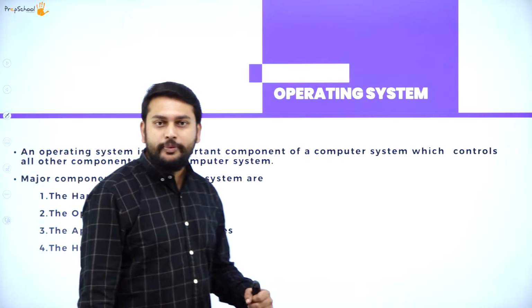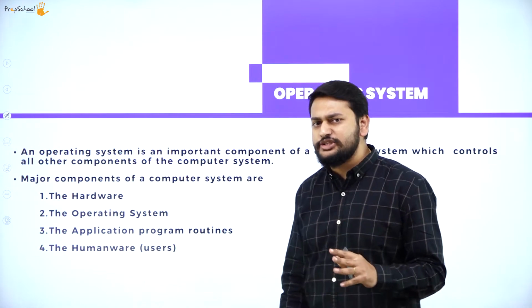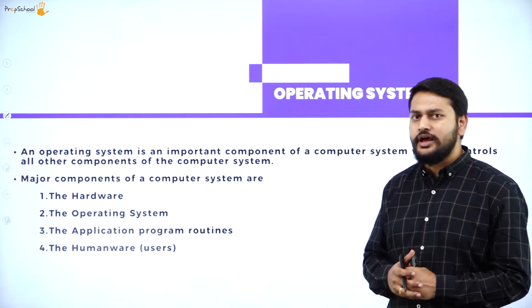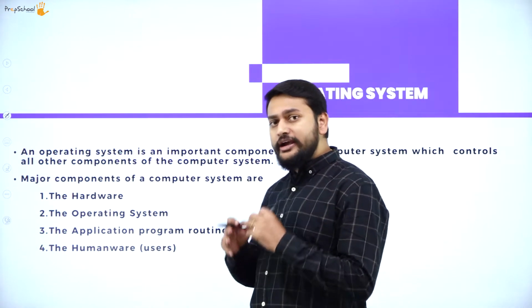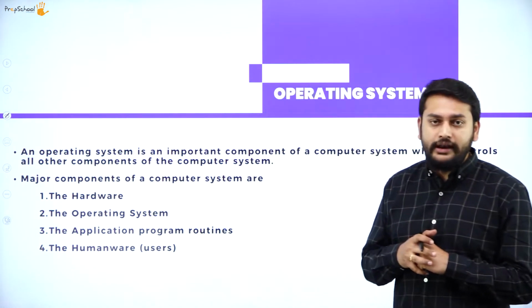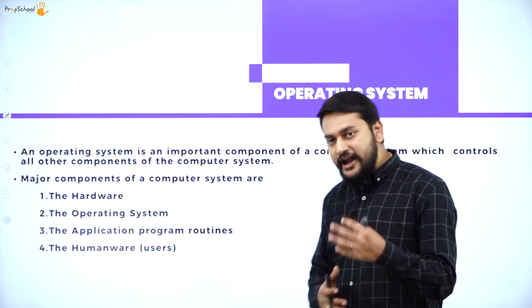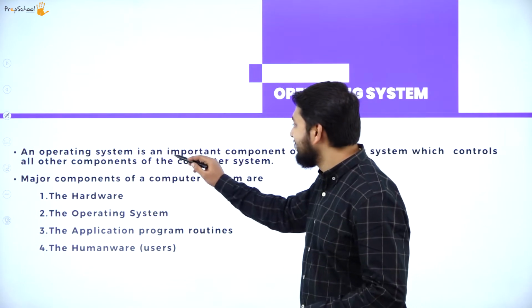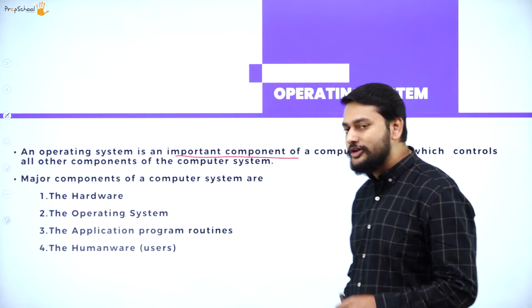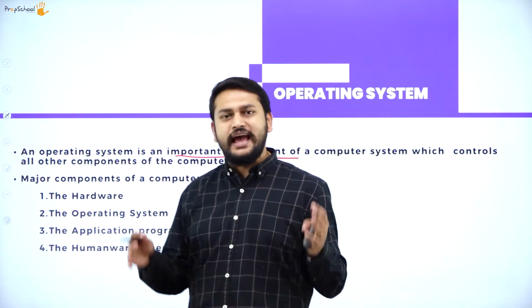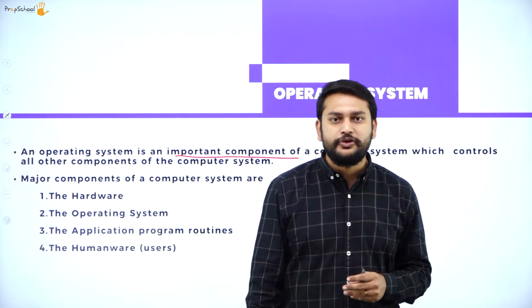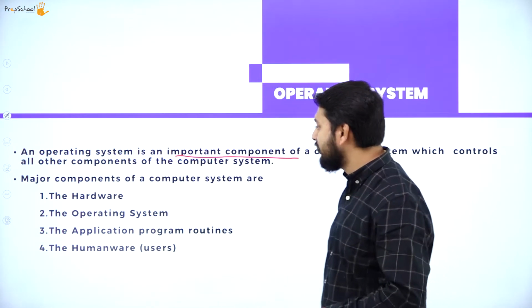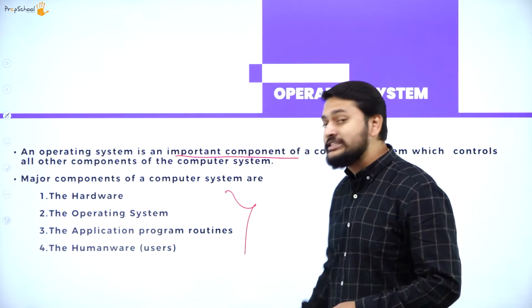What exactly is an operating system? Let's understand this before I go to the language processor. The operating system is controlling and coordinating a lot of important things that I will call the components of a computer system. I have listed some of them, so please observe.